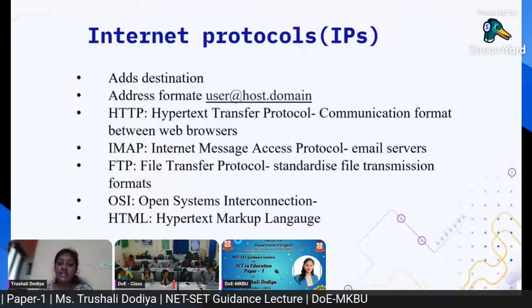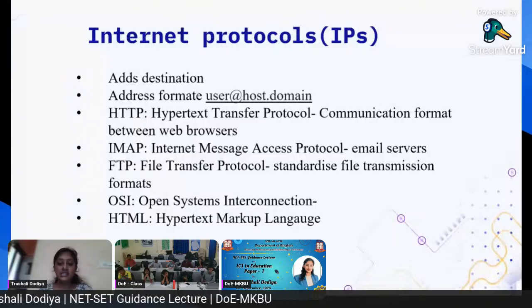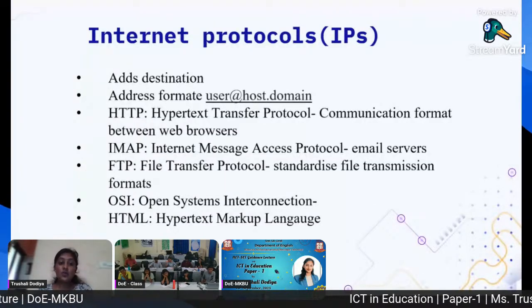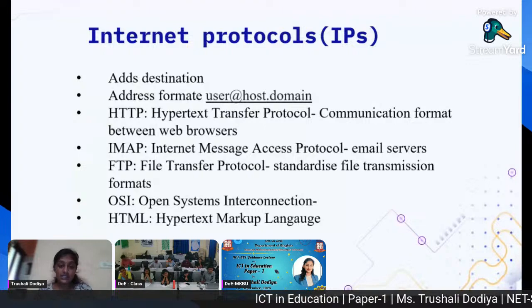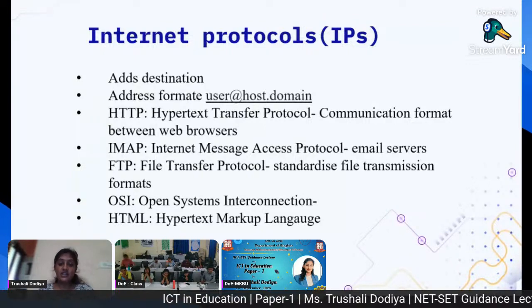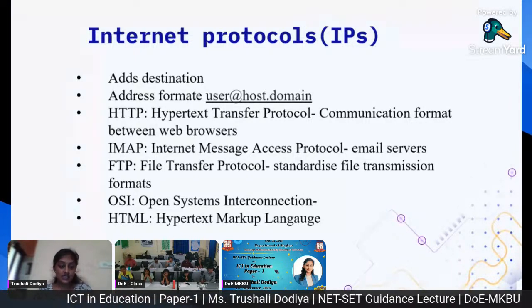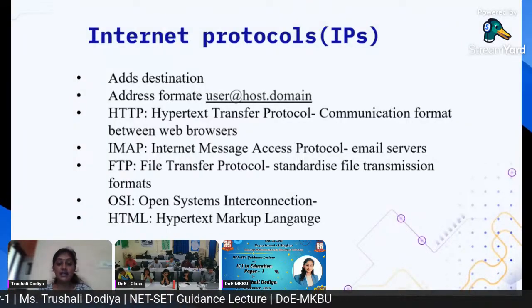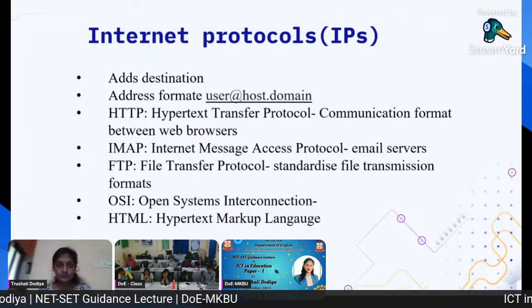FTP, which is File Transfer Protocol, standardizes file transmission formats on the web. Then there is OSI, which means Open System Interconnection, that connects various things together. And then there is HTML, Hypertext Markup Language.